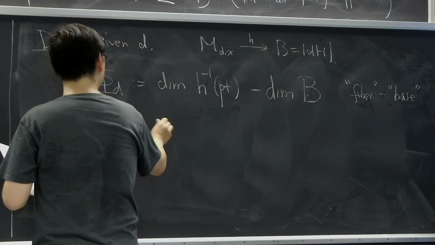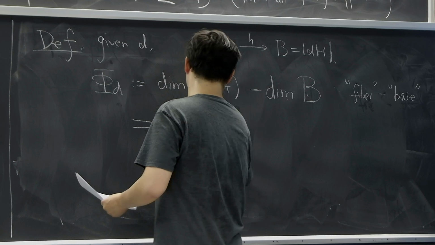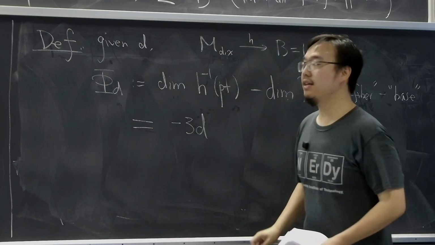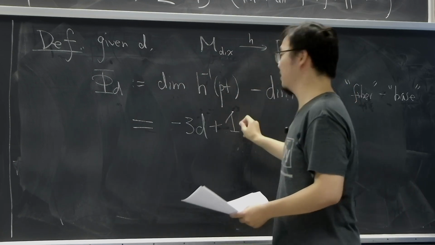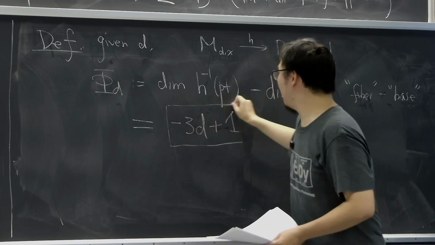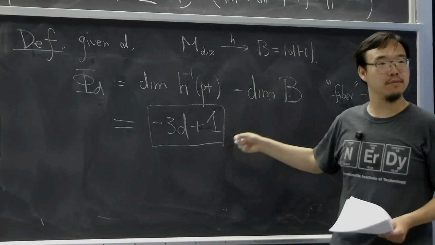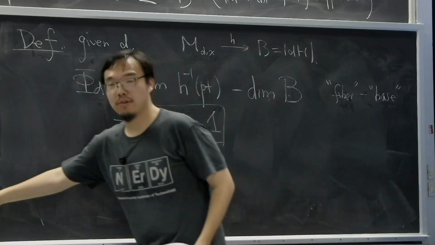And in the case of P2, you can just calculate it. This is a linear function of D with a constant term 1. It's a direct calculation. You can define this function for any fibration, but this form is crucial for this purpose.